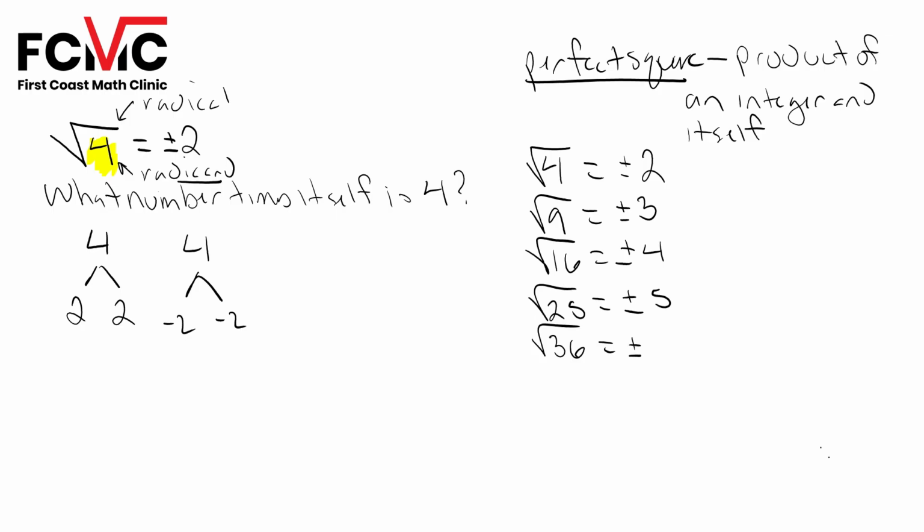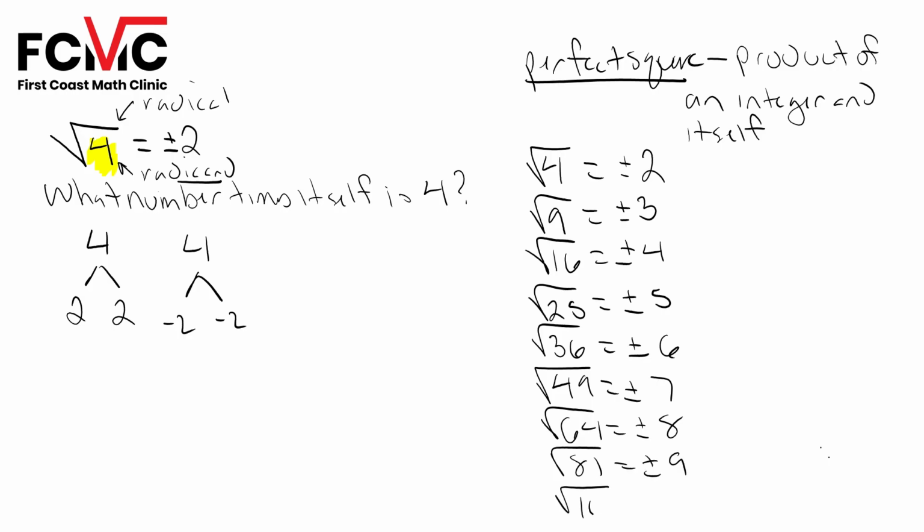Square root is positive and negative 6. 49 is next, and that's going to be positive and negative 7. 64, and that's positive and negative 8. 81, and that's positive and negative 9. And let's do one more, 100, and that is positive and negative 10. So if I give you a perfect square, they're pretty easy to find the square root of. We just figure out what integer times itself is that perfect square.